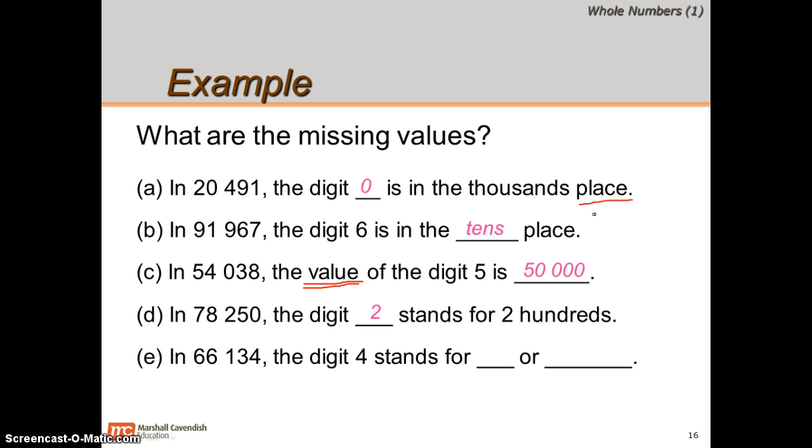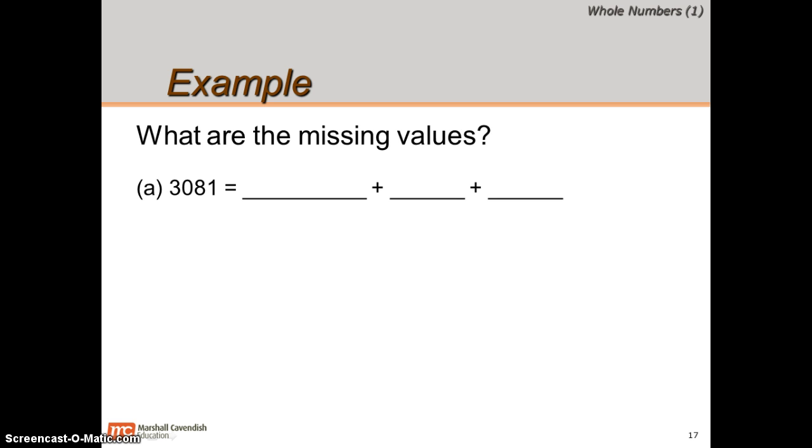In 66,134, the digit 4 stands for, can I have Josiah? 4 or 4 ones. Well done. Next.